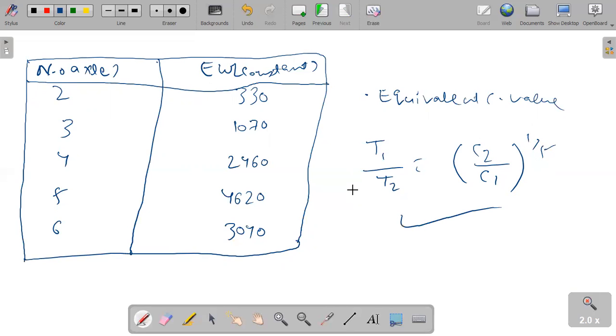Do remember this formula, because in the last portion of numericals they will ask you to find the equivalency value, and you will find it using this formula.